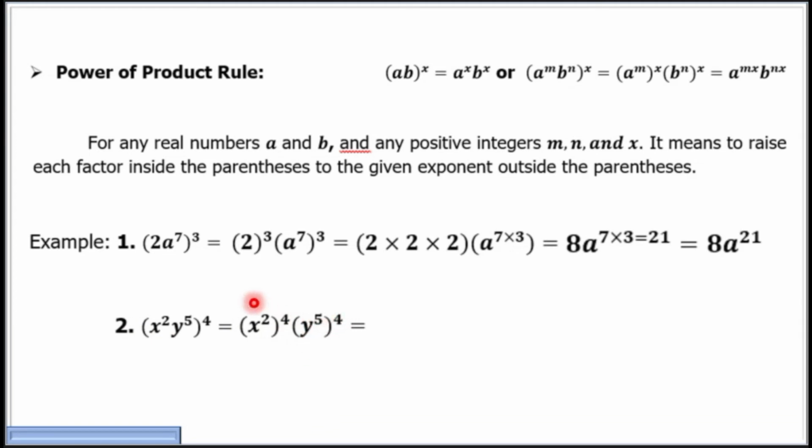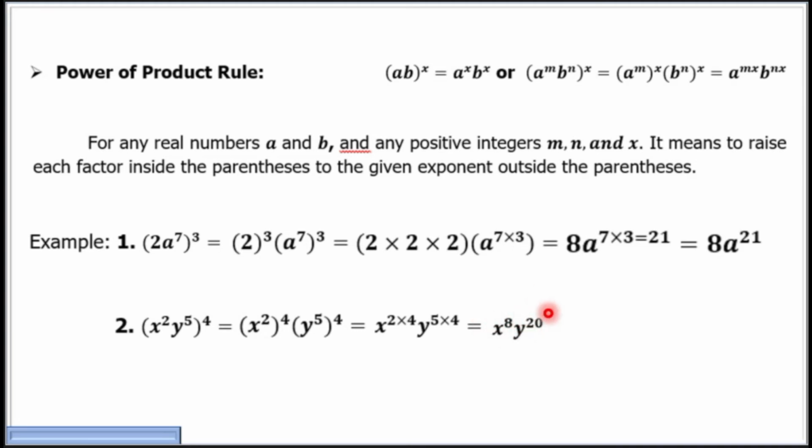So, x raised to the power of 2 times 4 and y raised to the power of 5 times 4. That is equal to 2 times 4 is 8 and 5 times 4 is 20. So, our final answer is x raised to the power of 8 times y raised to 20.